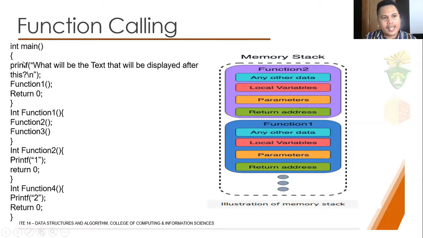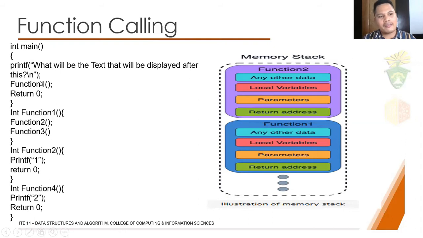We have here our main function, as we have discussed, which is always present in all programs in C programming, and I think not only in C but in all types of programming languages. In the body of our main, it prints some text. So after this text is displayed on the screen, what will be the next text to be displayed?